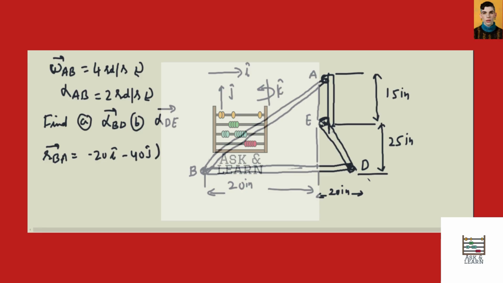Minus 40 j cap inch. R_DB can be written as 40 i cap inch, and R_DE can be written as 20 i cap minus 25 j cap inch.